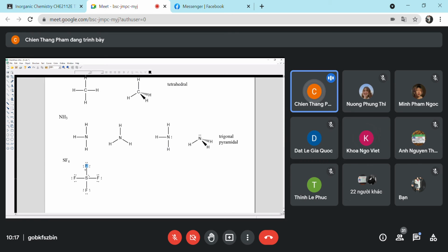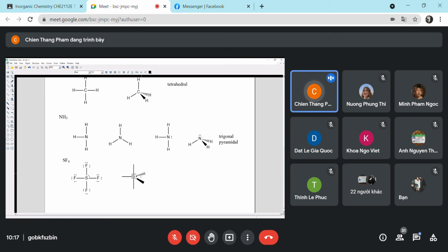So this is the Lewis structure of SF4, and now let's consider how many electron pairs are around the sulfur atom here. There are 5 pairs. Because of those 5 pairs, the basic molecular shape is a trigonal bipyramidal.